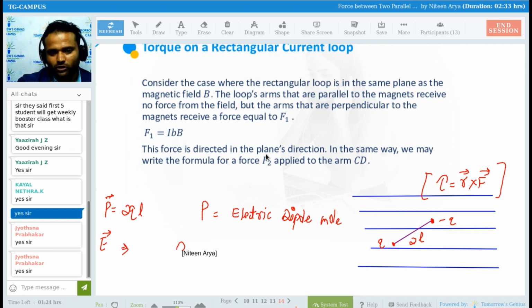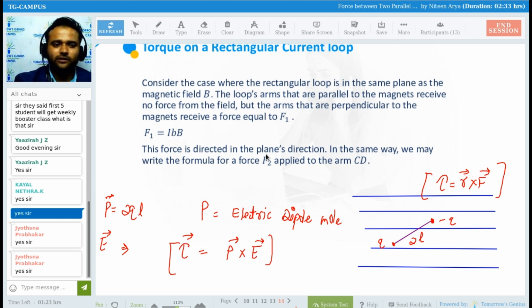So torque tau is nothing but p cross E. And how do we get this formula? As simple as that.